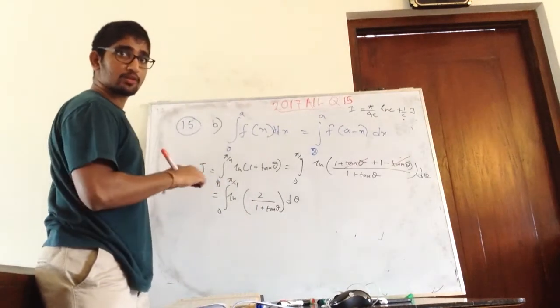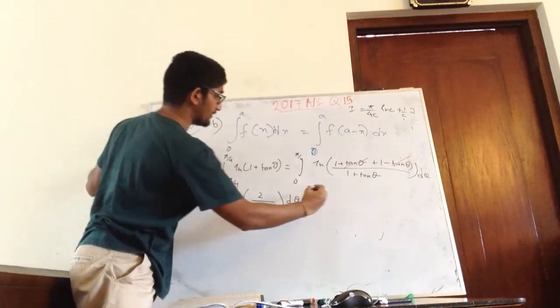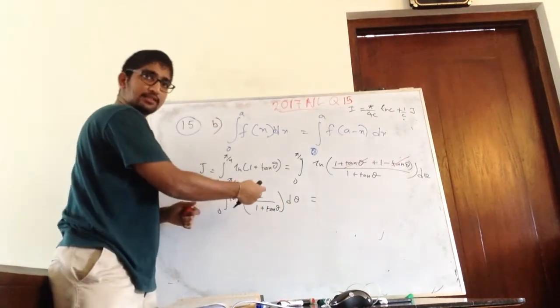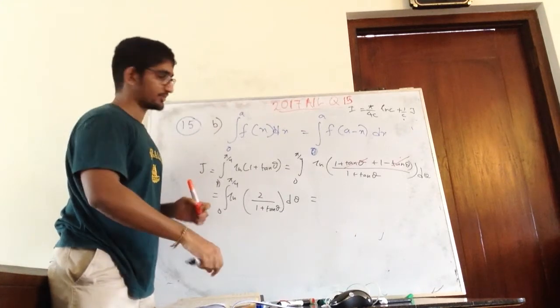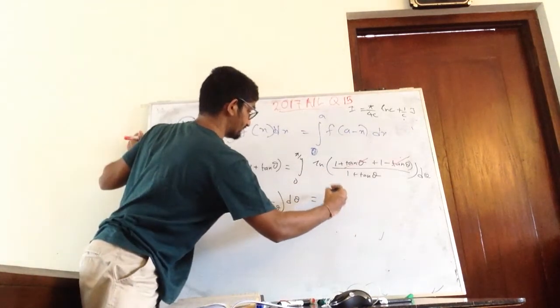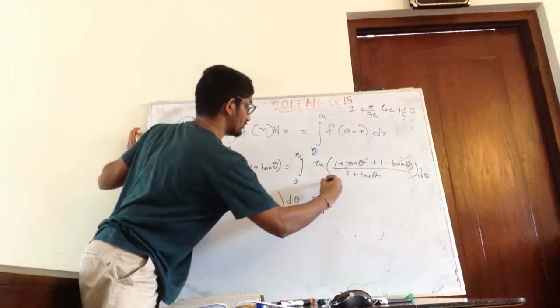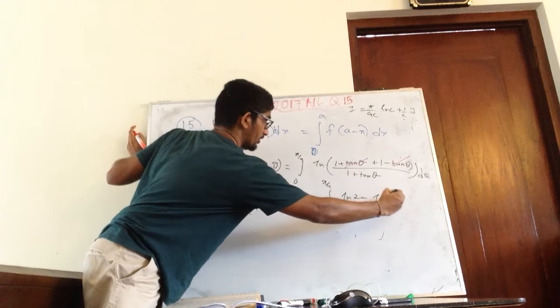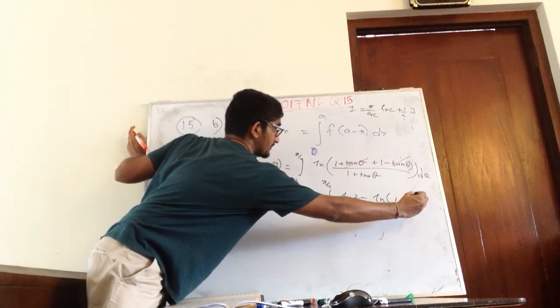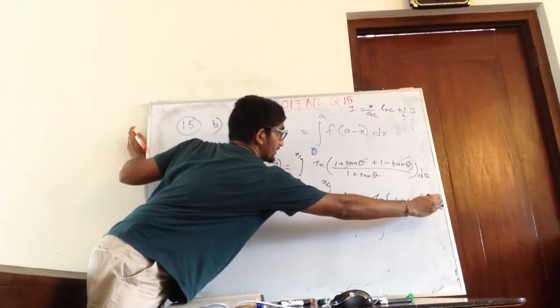Correct? No? Right? So now here this is a division. That means we can subtract. So I am going to get here 0 to phi over 4 ln 2 over ln 1 plus tan theta d theta.